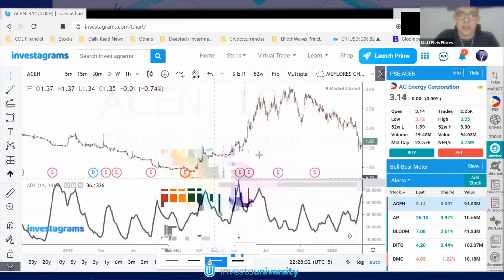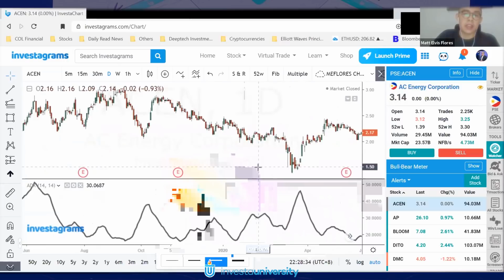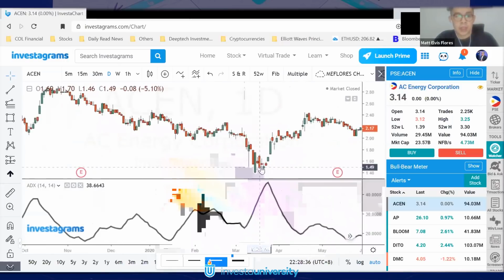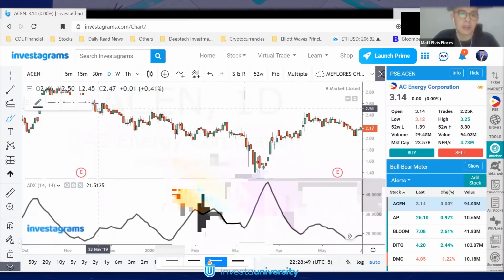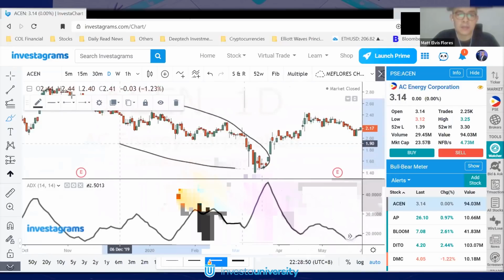Okay. So, kanina binabanggit ko syempre nagka-capitulate, di ba? Ayaw natin if yung presyo mo is pababa, pero yung ADX mo is paakyat, kasi ibig sabihin lang niya, merong nagka-capitulate here.